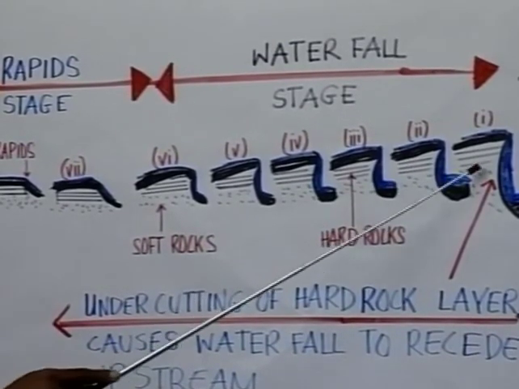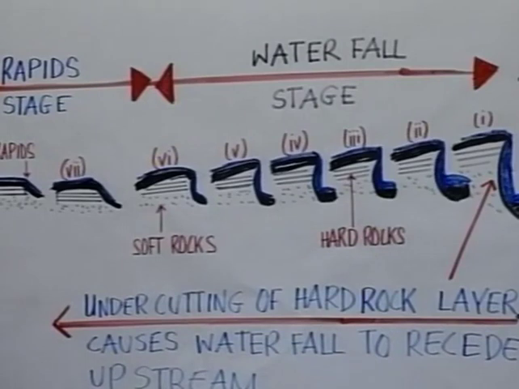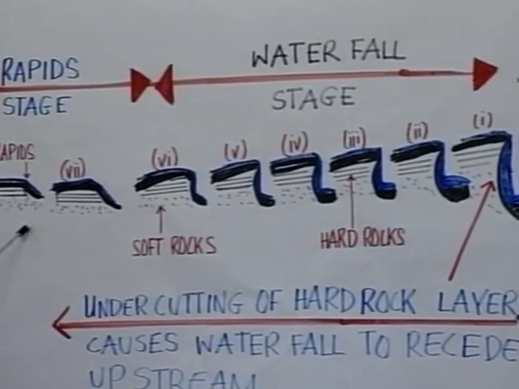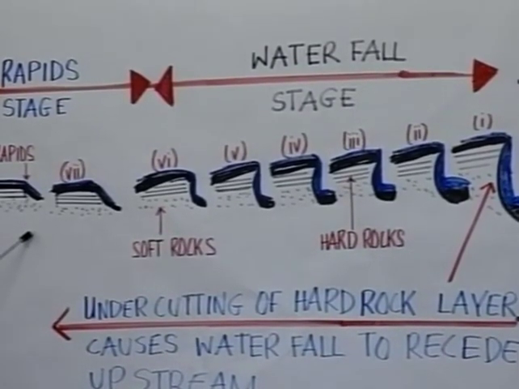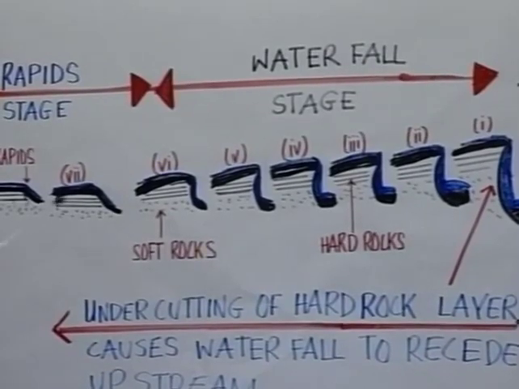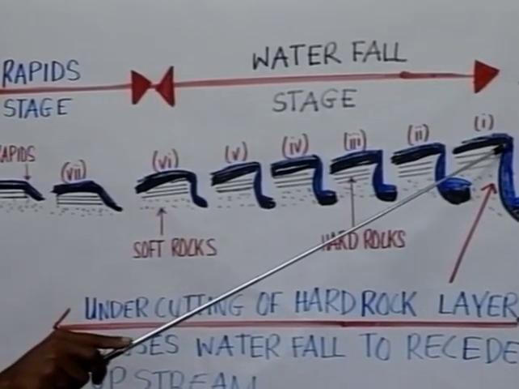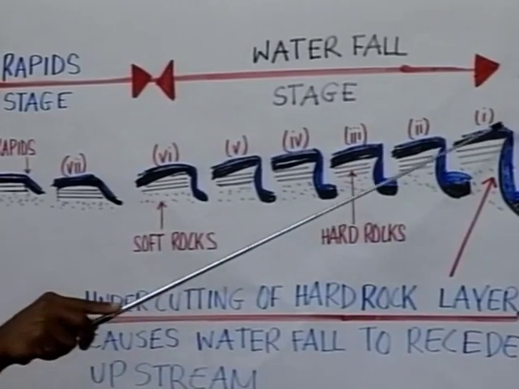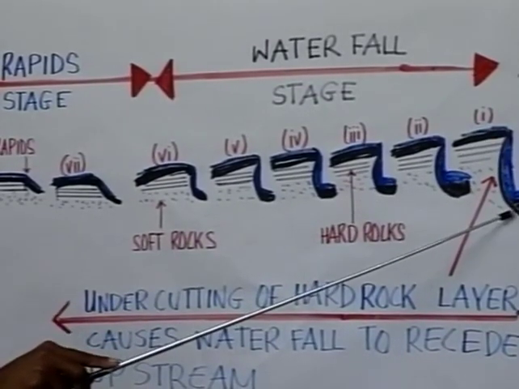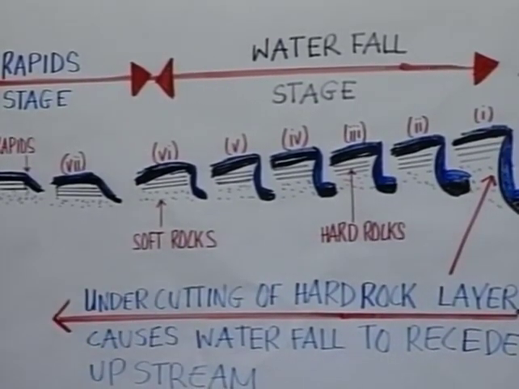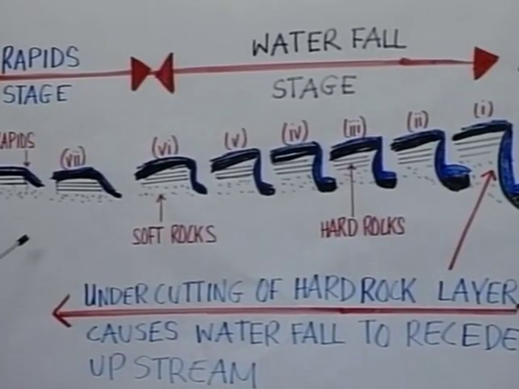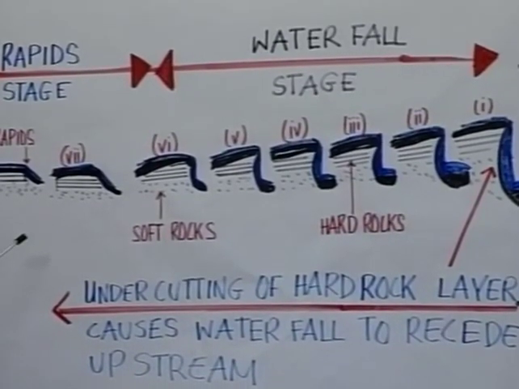The difference between the waterfalls and the rapids is in terms of the height in which the water descends vertically. A waterfall, the height in which the water descends is actually greater in comparison to the rapid. Okay, that is one difference perhaps that you are able to pick out.